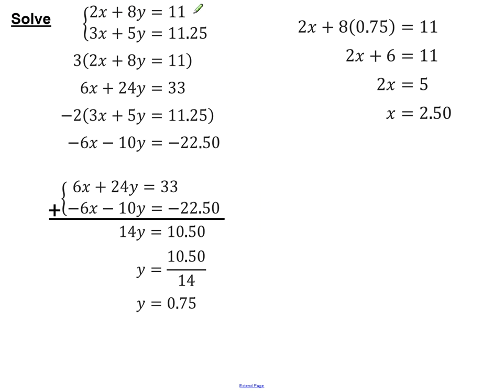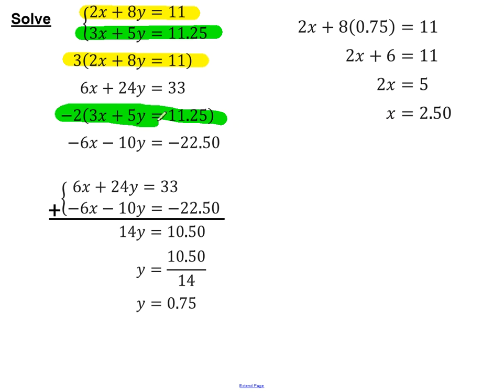This top equation I'm highlighting in yellow, that's getting multiplied by 3, right? This bottom equation that I'm going to highlight in green, that is getting multiplied down here by -2, right? Then these that I'm going to highlight in blue, these equations are my outcomes, right?